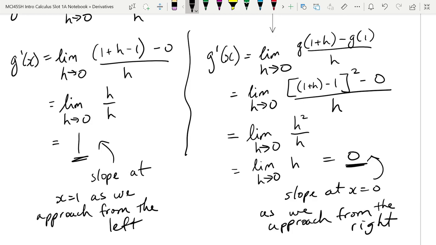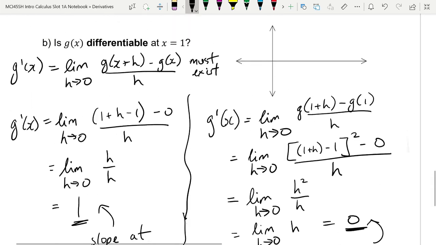So they don't agree with each other. That means that the slope at x equals 1 doesn't actually exist, because the slope as I approach it from one side isn't the same as the slope as I approach it from the other.